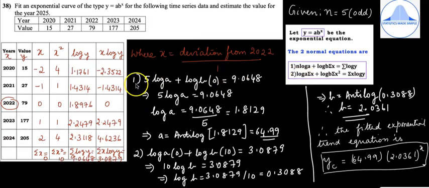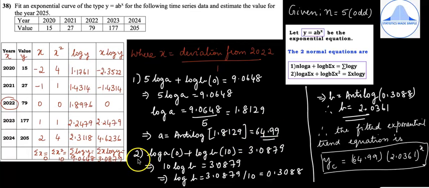So substituting the first normal equation, we get 5 log A plus log B into 0 is 9.0648, or 5 log A is 9.0648, or log A is 9.0648 divided by 5, which is 1.8129, or A is equal to antilog of 1.8129, which is 64.99.